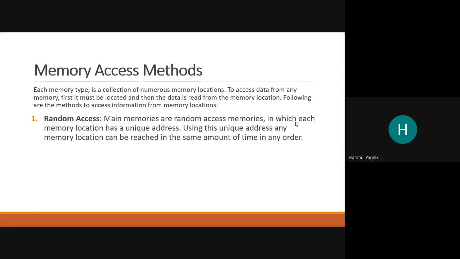One is random access. In that category, the main memories, which are most of the time random access memories, each memory location has a unique address. And using this unique address, any memory location can be reached in the same amount of time in any order.